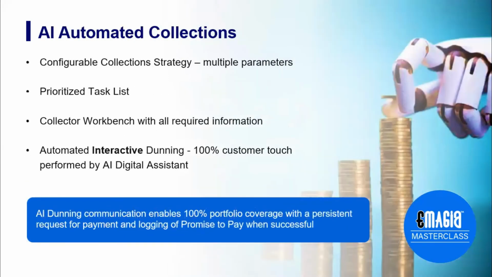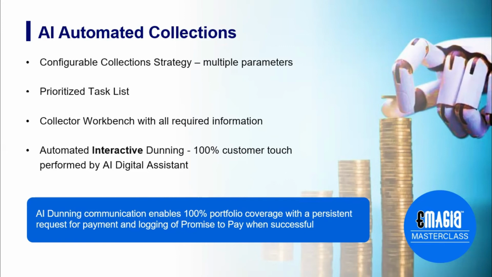Collections. Well, this is a little tougher, you know. I mean, there's nothing better than a collection call, voice to voice. And to help that, the automation can help document your collection strategy and compile a prioritized task list, meaning for each collector, this is who you call first, second, third, fourth, etc. Therefore, your collection effort is being focused on the highest yield customers.